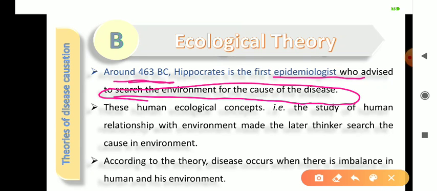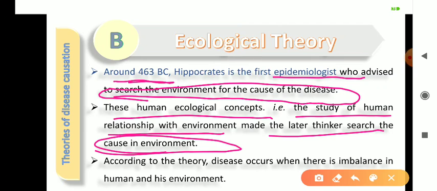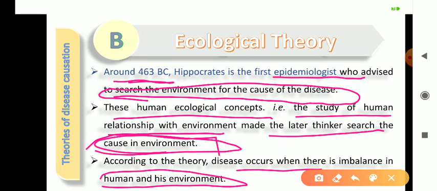So this human ecological concept, the study of the relationship between humans and the environment, made later thinkers search for the causation in the environment. Later he did some studies and researched the relation of the human to the environment. Okay, according to this theory, disease occurs when there is an imbalance between the human and his environment.